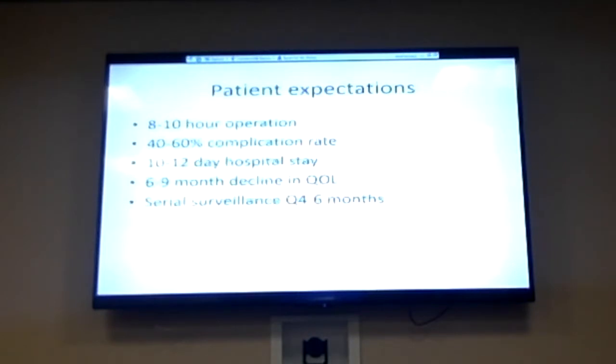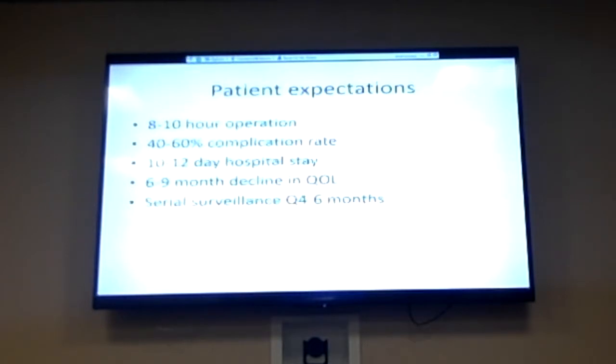So what can the patient expect? The operation really varies in duration, obviously, but it's a long operation. It is a morbid operation, so there are complications. Patients tend to stay a little longer in the hospital than most of our ERAS patients on other services.